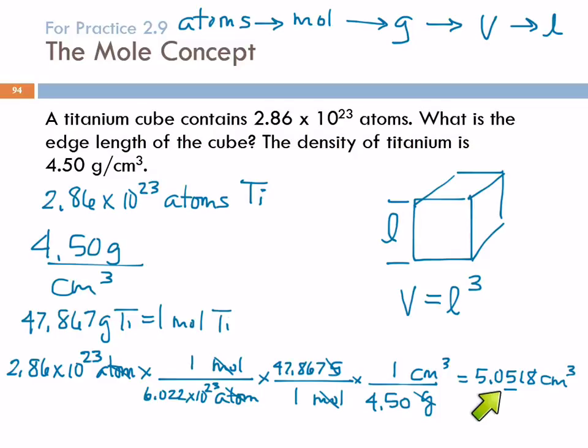Yeah, now we have to use this. This is the volume. The volume is equal to the length cubed. So I'm going to take the cube root of both sides, and the length is going to equal the cube root of the volume. So that's the cube root of 5.0518.